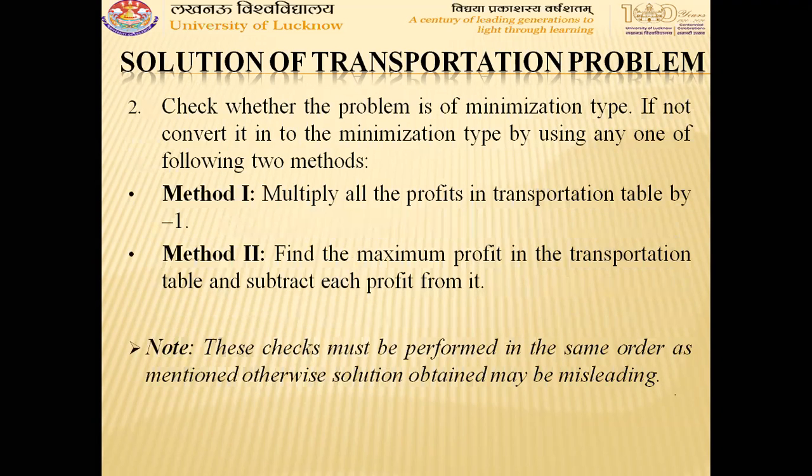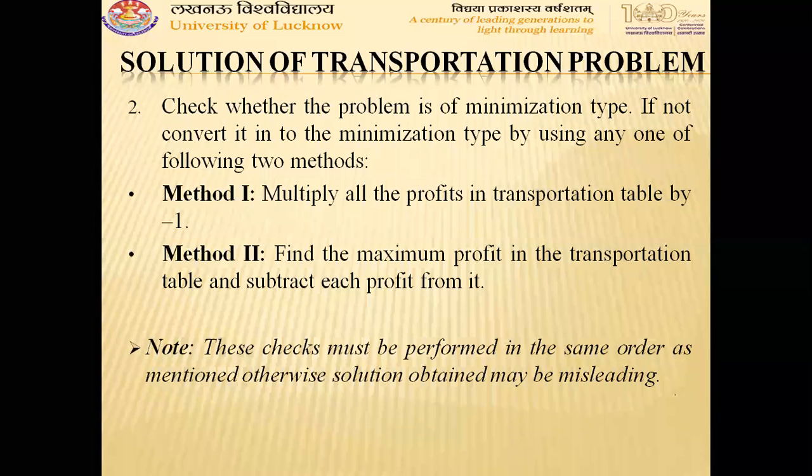Secondly, we have to check whether the problem is of minimization type, as the transportation problem is defined to minimize the total cost. So the objective of the solution of the transportation problem is minimization of total cost. So it is required to check whether the problem is of minimization type or maximization type.